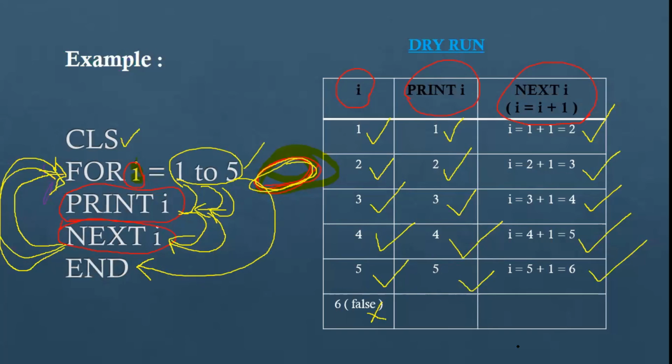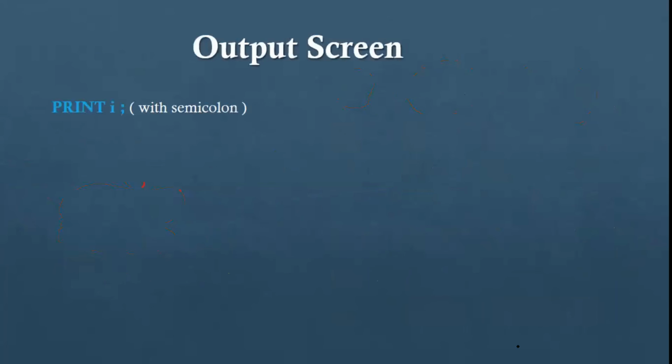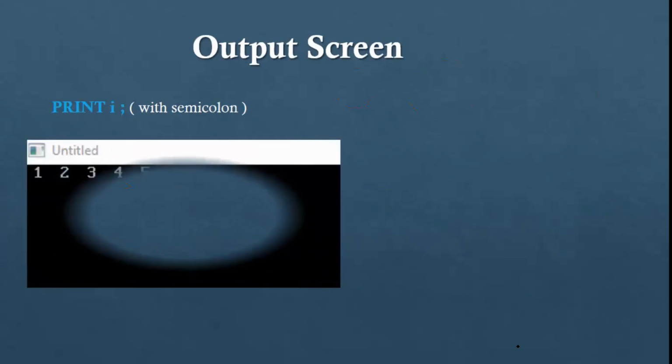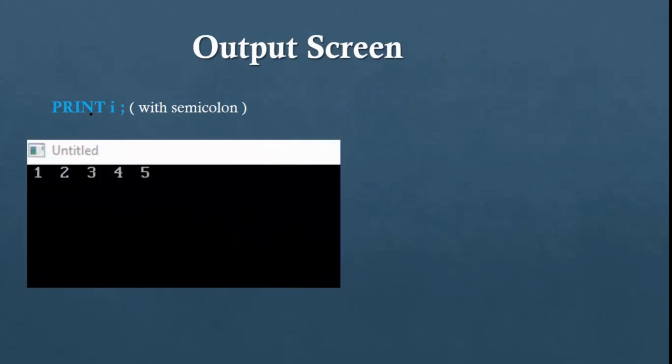So this dry run is the background process. The computer does it for you, and then we have this output screen. This output screen will depend on what command we have provided. After the print statement, if we provide a semicolon, we'll get this output.